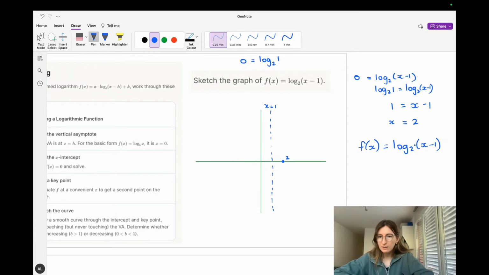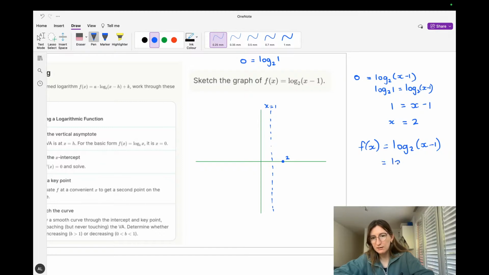So I'm going to think 2 to the power of something that could give me that number. So let's say 2 to the power of, I don't know, 3. Random number. 2 to the power of 3 would give me 8. So when I need this thing to equal 8, that would make x equal 9.